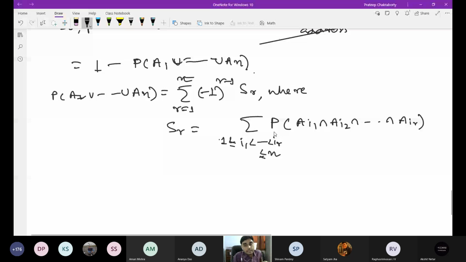You know this. So what is AI1 intersection AIR? What is the probability of this?